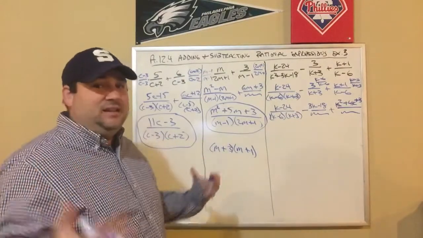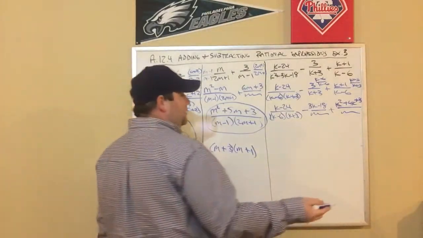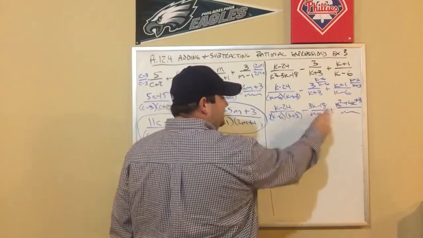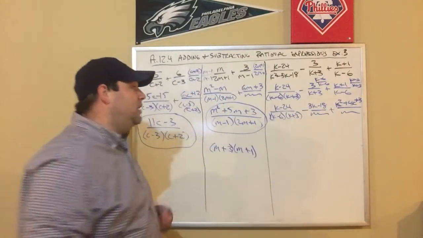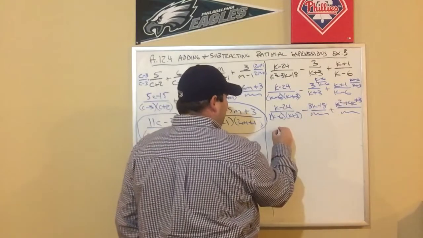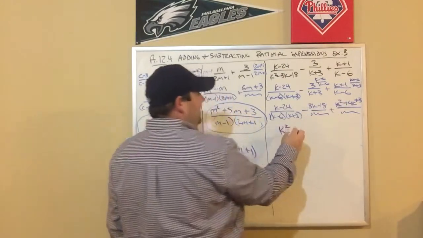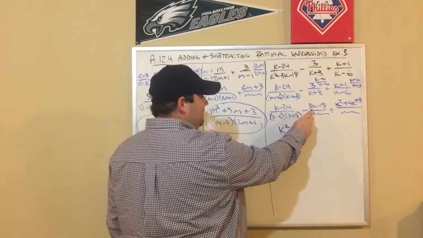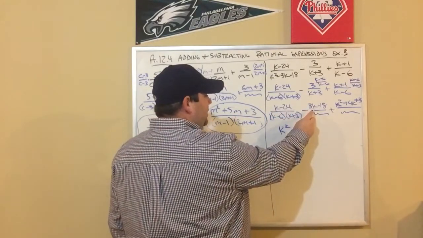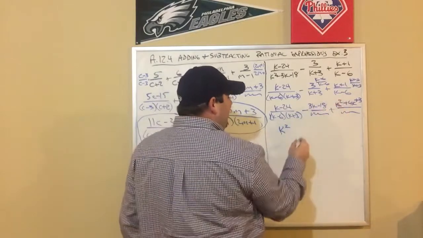Now I can finally add and subtract and combine all those like terms. I'm going to start with my k squared because I want these in order. I have no other k squareds anywhere, and this is plus k squared, so it's positive. Then I'm going to move on to my k's. I have k minus 3k, which would be negative 2k, plus 4k.